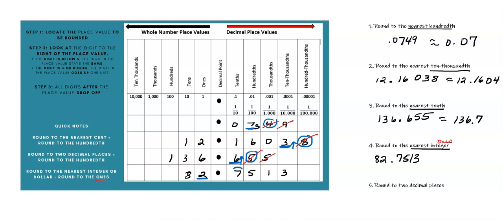We still look to the digit to the right of our place value. So in this case, the digit to the right is a 7. Since the digit to the right is 5 or more, that means we must round our place value up 1 unit. And remembering, all digits after that place value will fall off. So our answer, after rounding the 2 up to a 3, is 83.